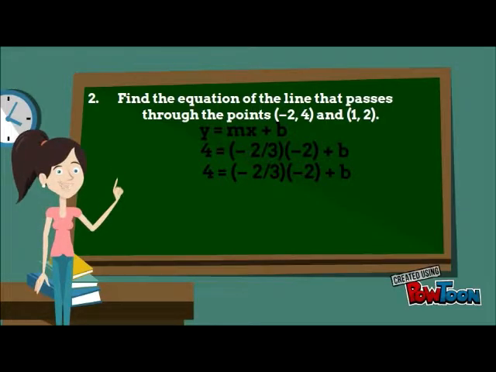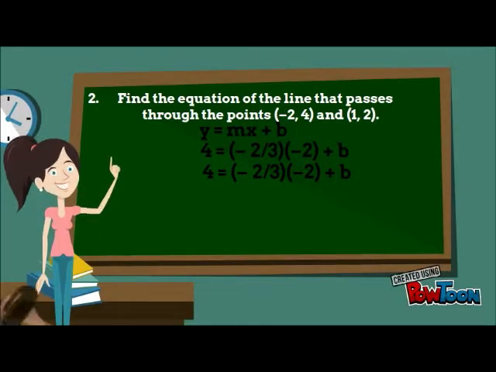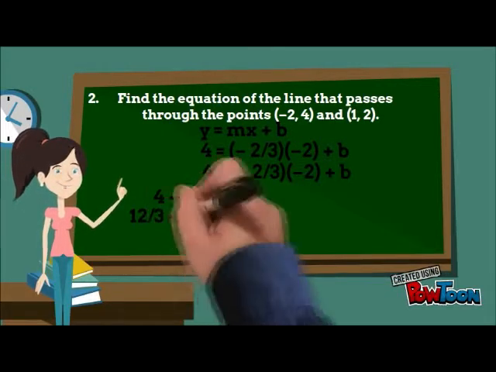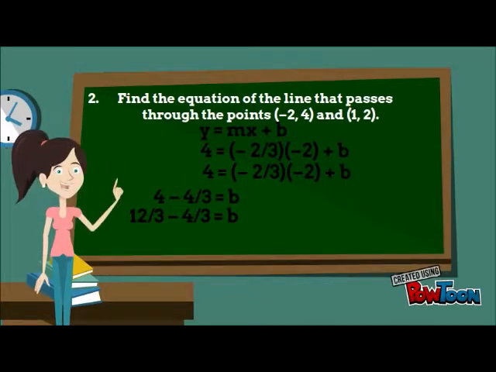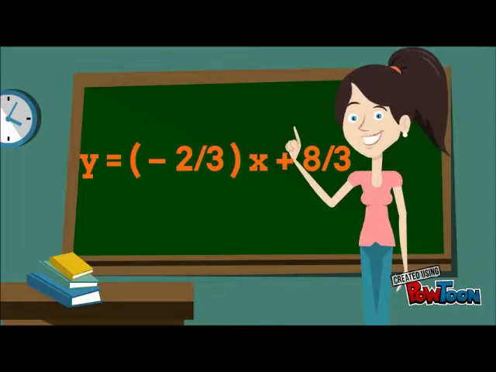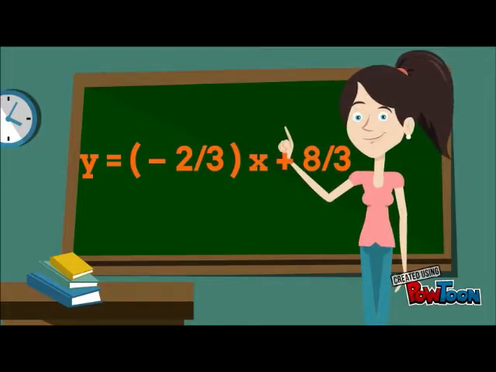Transpose 4 over 3 to the other side, so 4 minus 4/3 equals b. 4 equals 12 over 3, so 12 over 3 minus 4/3 equals b. b equals 8 over 3. Therefore, y equals negative 2/3 x plus 8 over 3.